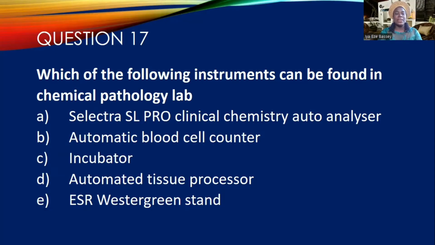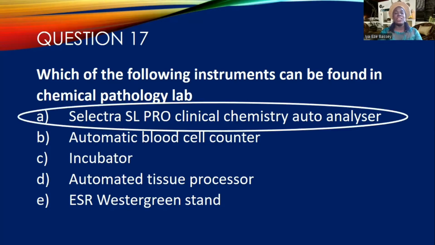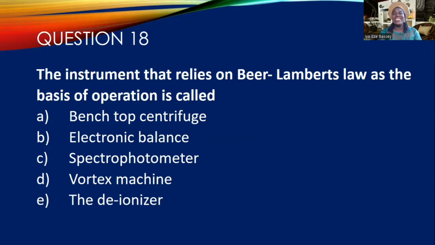Incubators, you find sometimes in microbiology, also in hematology. Automated tissue processor is in histopathology. ESR Westergren stand is in hematology. So that leaves you with the chemistry auto-analyzer. You should have known it. It's glaring.